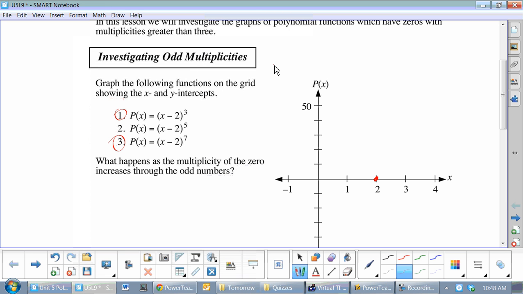Now, let's just kind of write this down. This one goes through here. Okay, so this was x minus 2 cubed. And it actually goes through -8, the y-intercept.